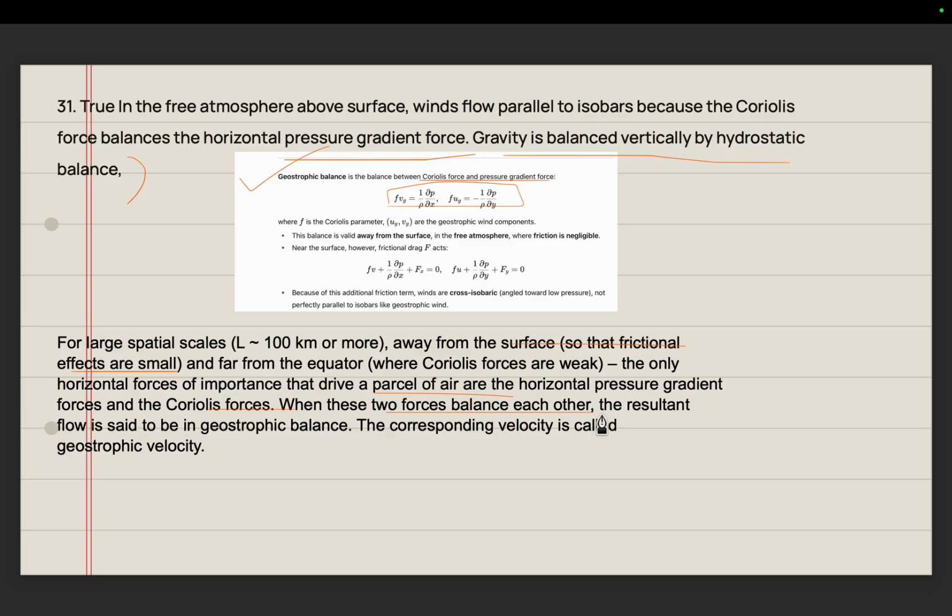When the two forces balance each other, the resultant flow is said to be in geostrophic balance. The corresponding velocity which the air parcel gets is called the geostrophic velocity.